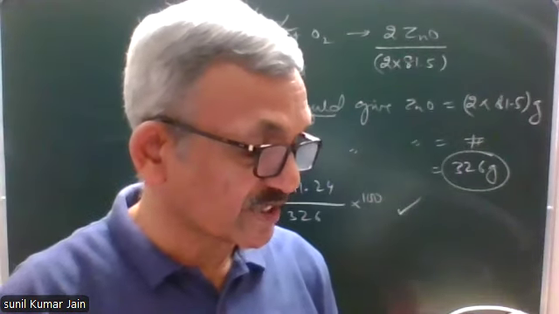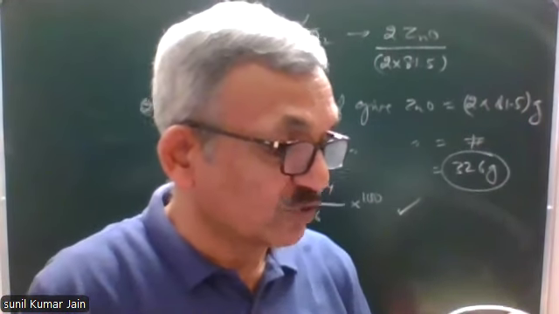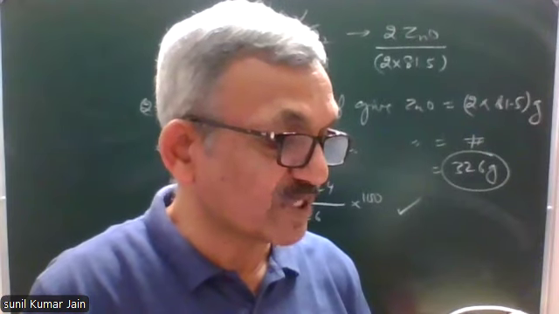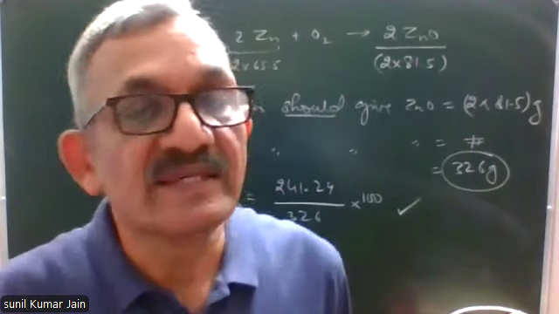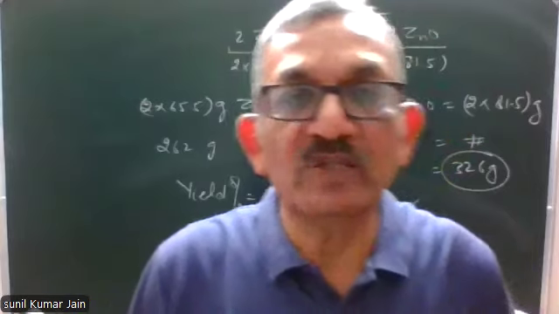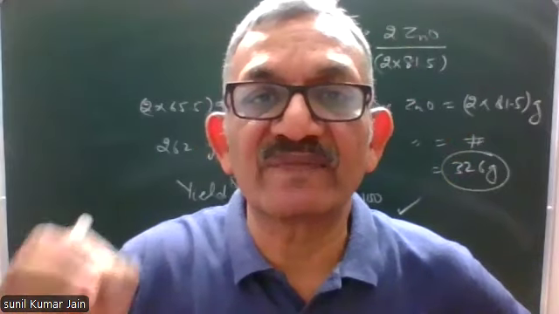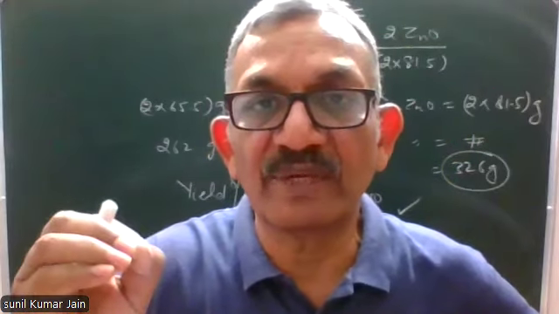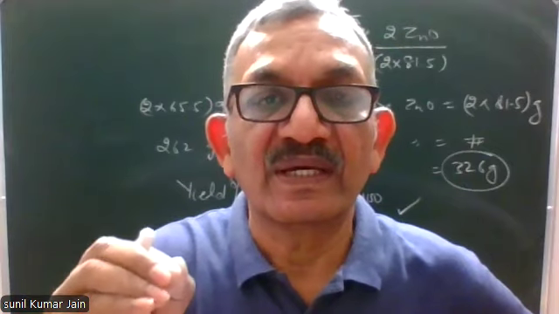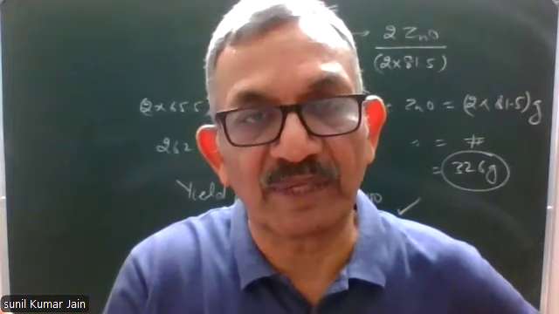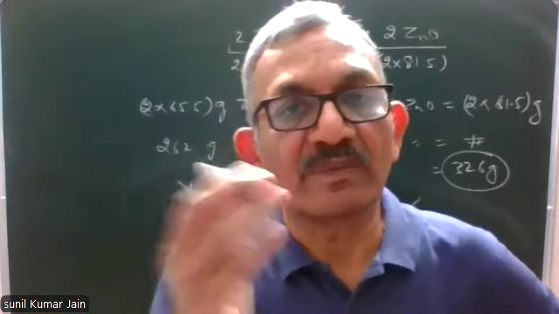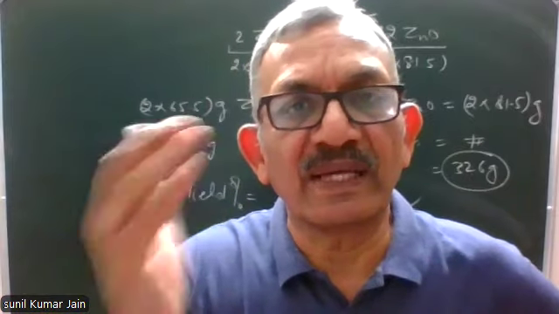Coming to theoretical questions, give examples of any two compounds which have the same percentage composition. See, you can think of any two compounds which have the same molecular formula or which have the same empirical formula. I'll give you an example.